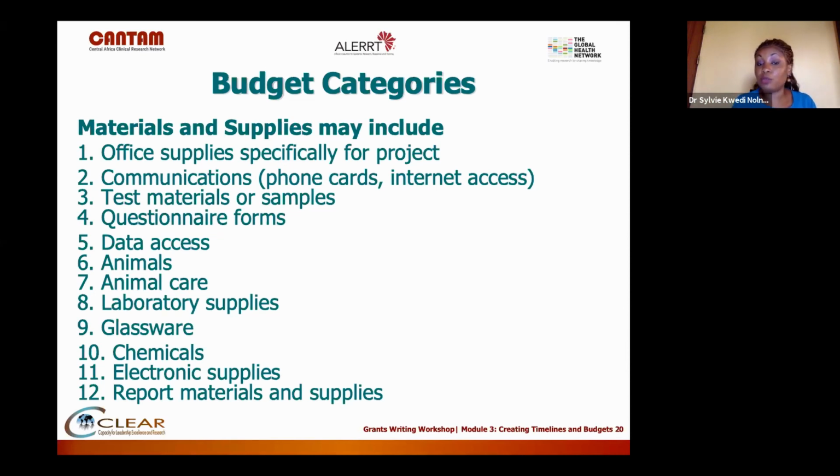If you're doing paper form data collection, the questionnaires, sometimes I've had studies with several thousands of participants, that the copying takes quite a lot of money and a lot of paper. That needs to be taken into consideration. So this is just a few things that we talk about when we talk about materials and supplies.